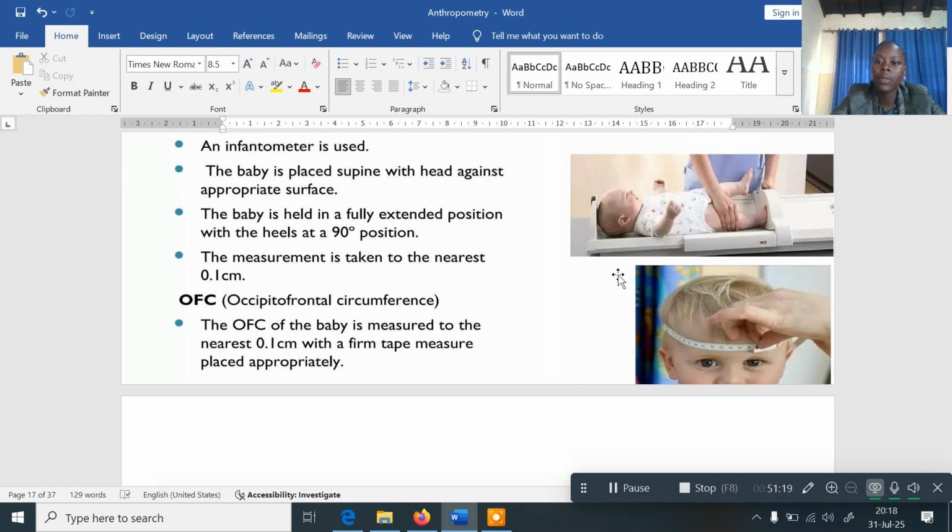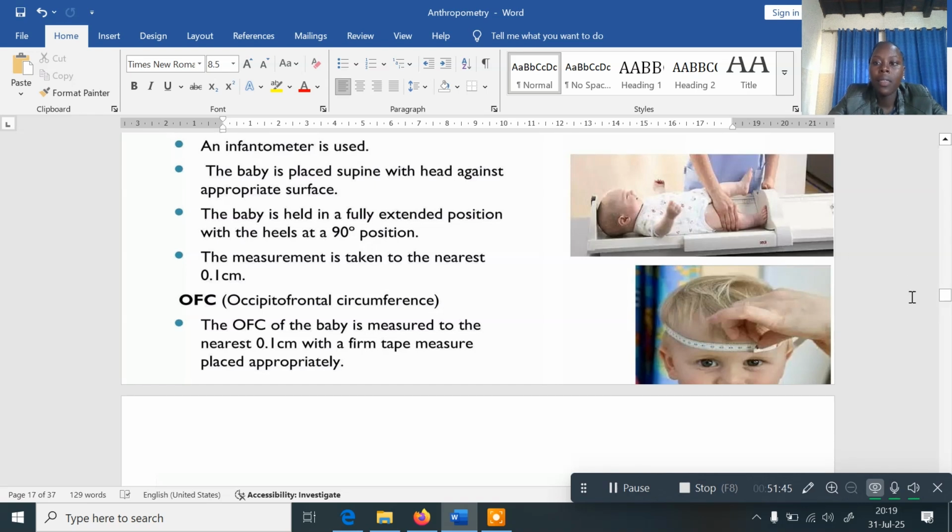The heels have to be touching this adjustable board, and the feet facing upwards. That is the 90 degrees they are talking about. Then from there you can measure. The measurement is taken to the nearest 0.1 centimeters.